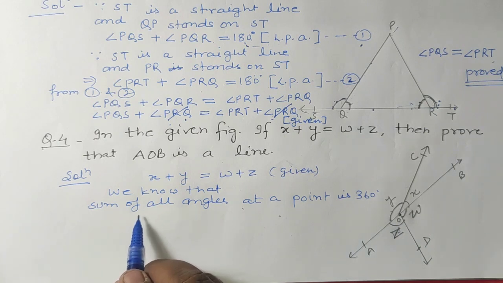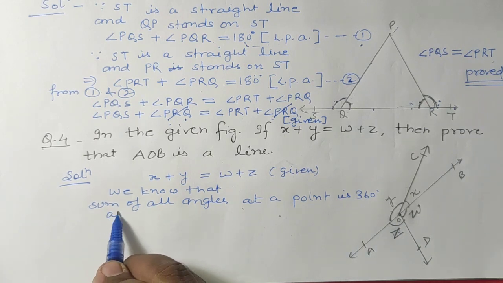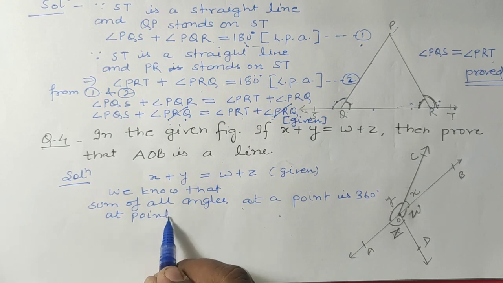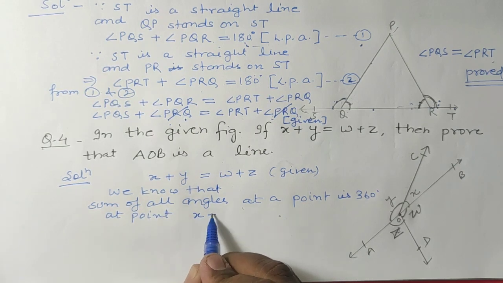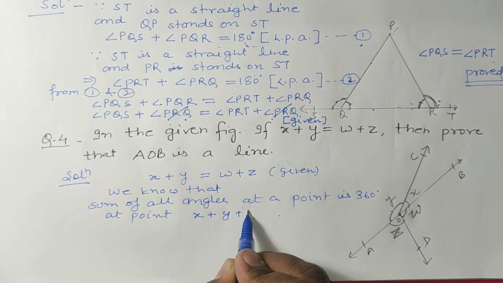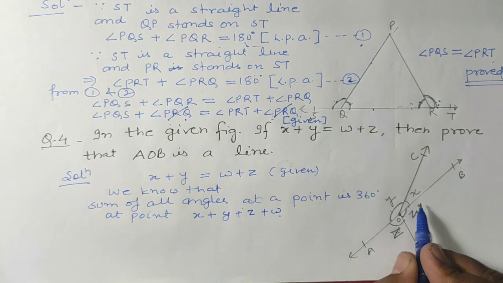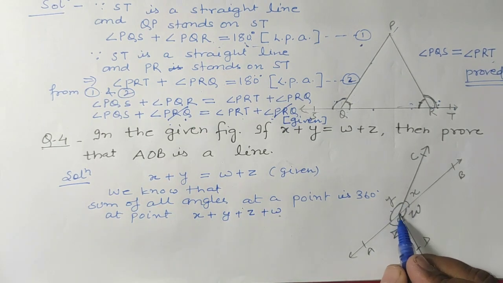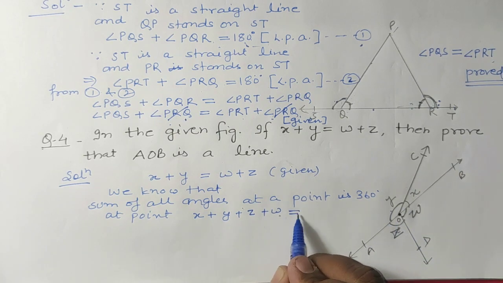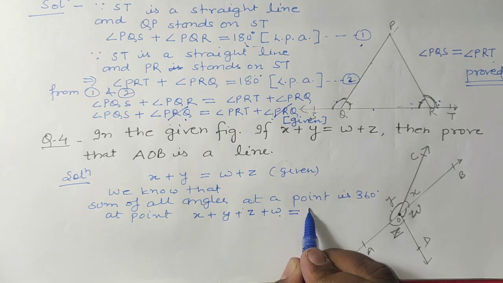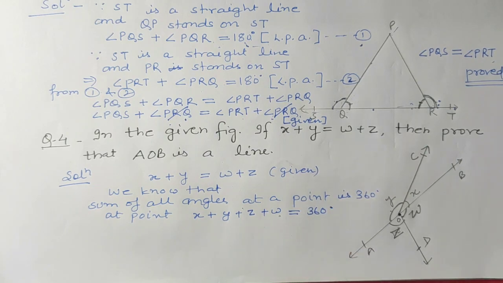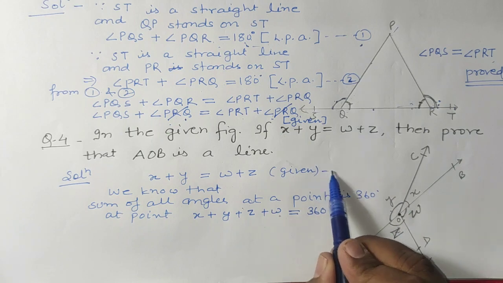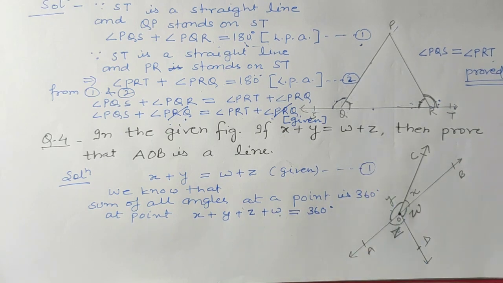So here we can write that at point O, x plus y plus z plus w, see, x, y, z, w, all the angles are forming at O. So the sum of all these angles is 360 degrees. Suppose this is your equation number 1, and this is your equation number 2.